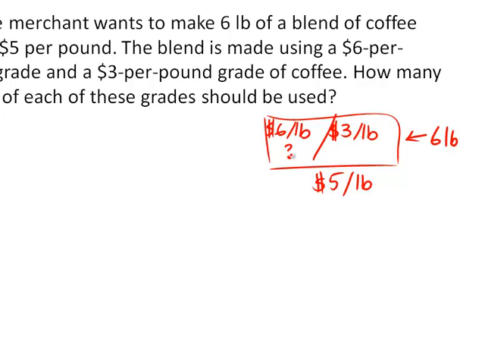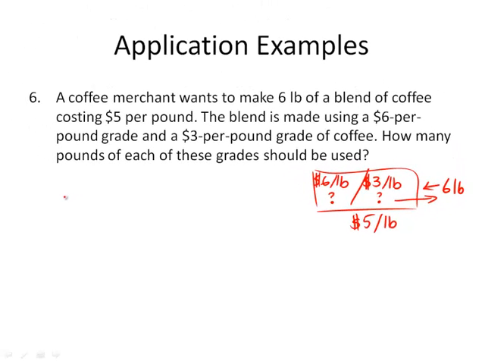So we don't know the amount here and we don't know the amount here, but we know the amount totals to 6 pounds. Now, you can reason this out and just work on it just exactly as we just did with the previous problem. You could also use a table that would organize your information a little bit more.